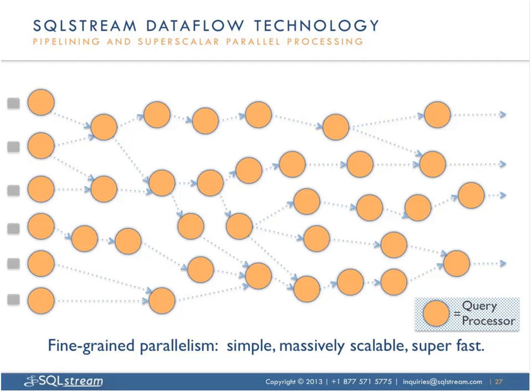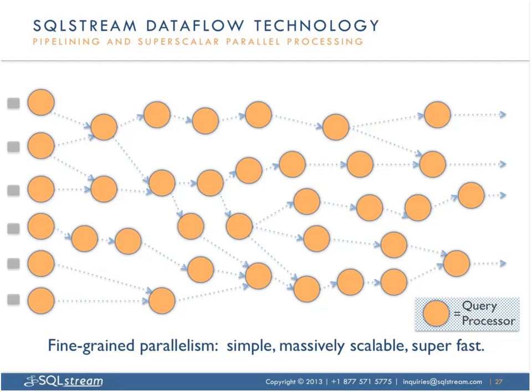What SQLStream does is look at this graph, optimize it first of all so that you don't recalculate things unnecessarily, simplify the queries where that makes sense, and then map this definition onto the available hardware. Then we execute the queries continuously in real time with two dimensions of parallelism.